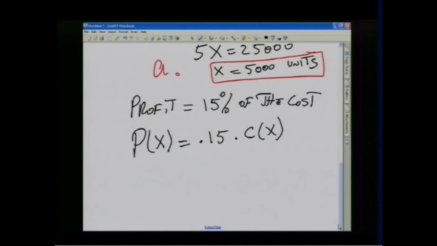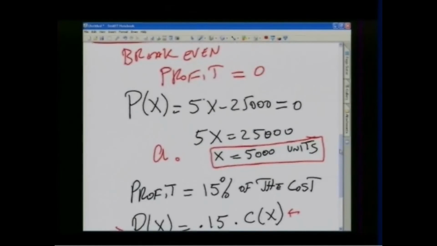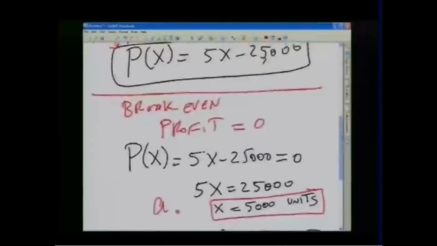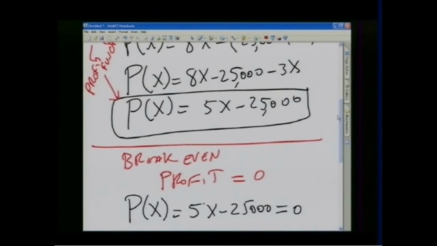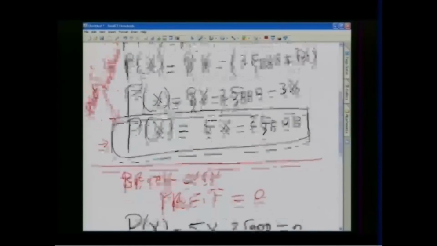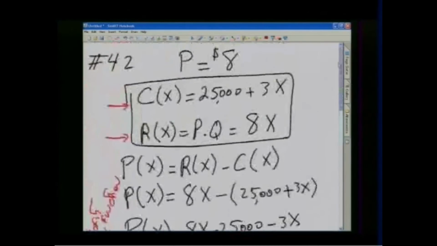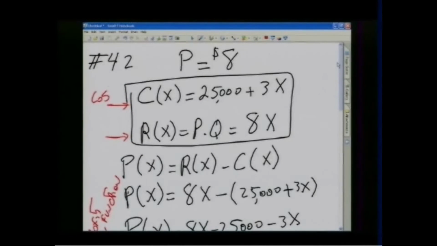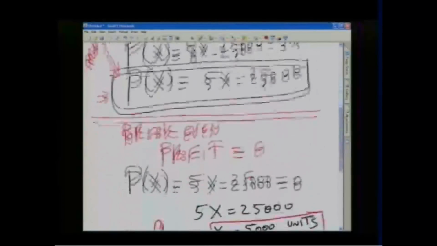Now, we plug in the profit function and the cost function we already found. Here is the profit function, and here is the cost function. Then we can solve for x.